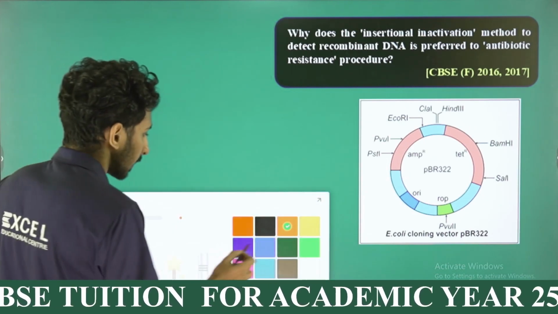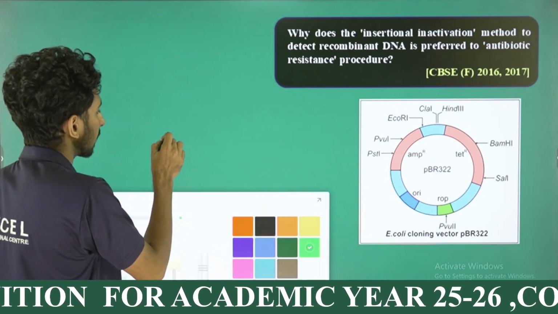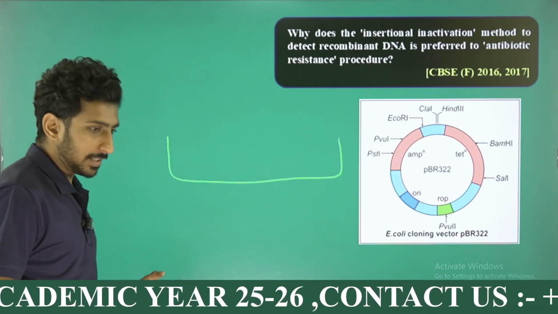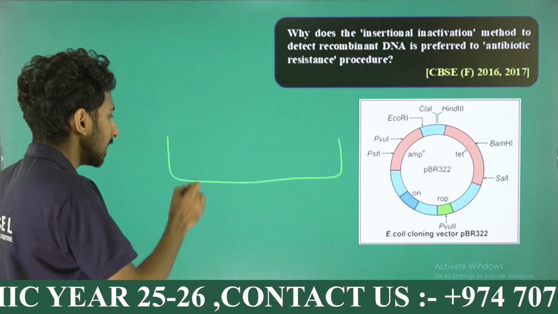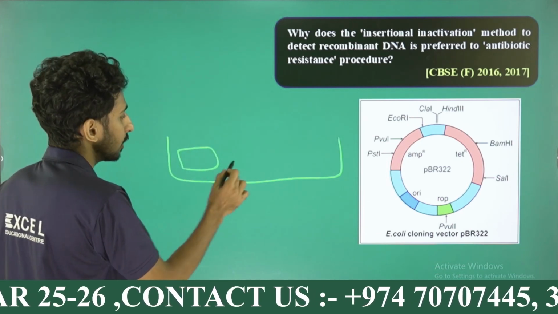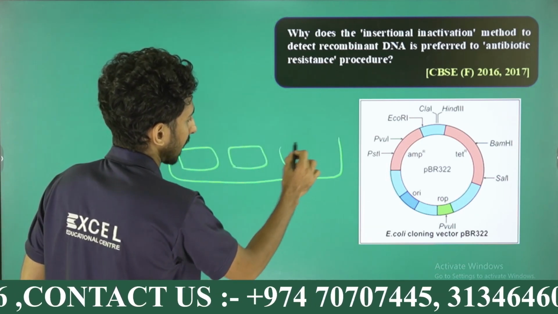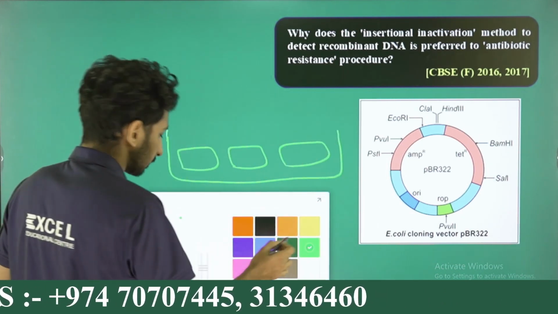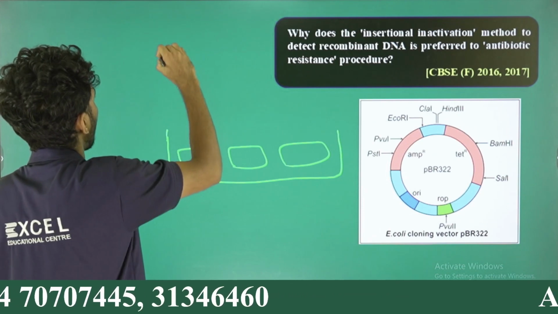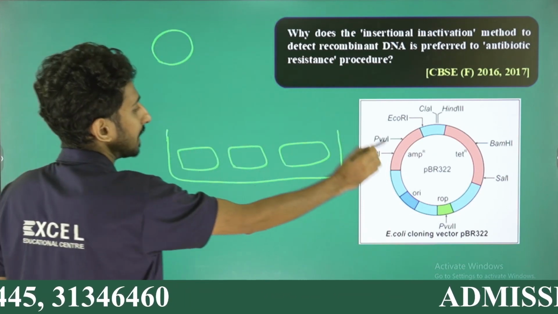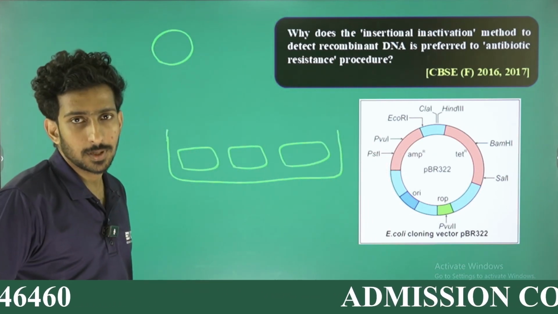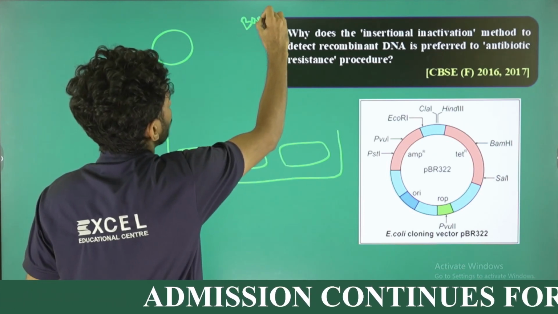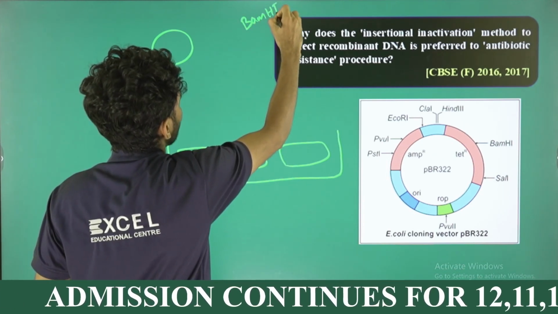See, this is a culture medium of bacteria. It contains many bacteria, even though I am drawing only three types. Now I am taking pBR322 and using the BamHI restriction enzyme.